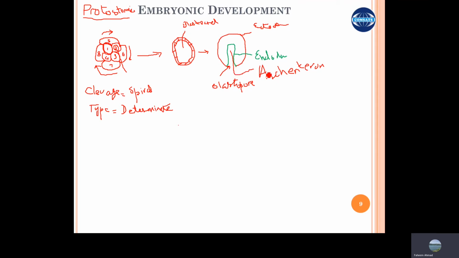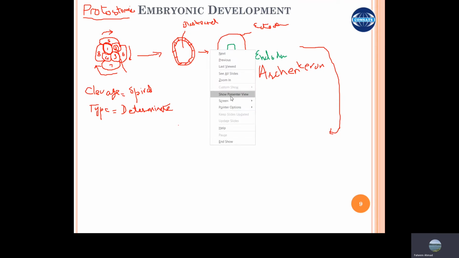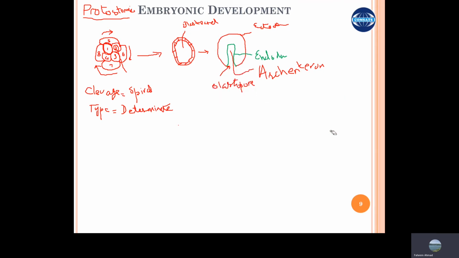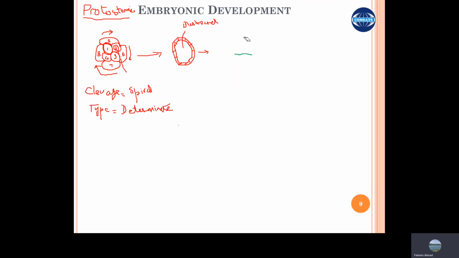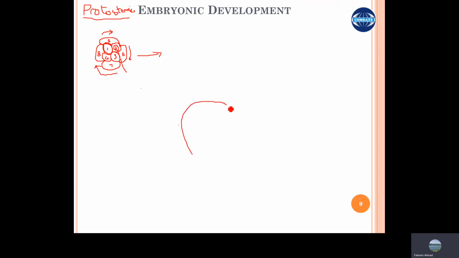Okay, so what will be the next step? We need to establish a third layer, that is called the mesoderm. Let me draw a bigger image so that you can understand everything clearly. Just hang on for a second. Until now we have seen the gastrula in this form, which has an ectoderm and an endoderm, an archenteron and a blastopore, right?